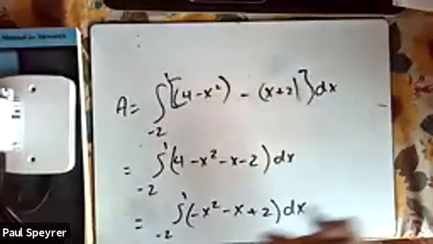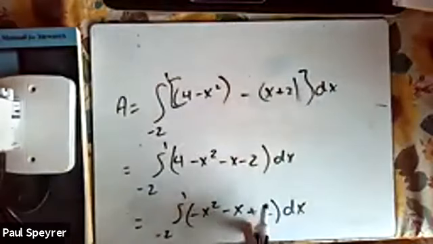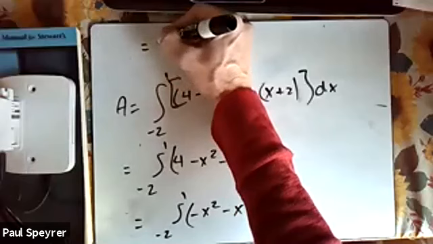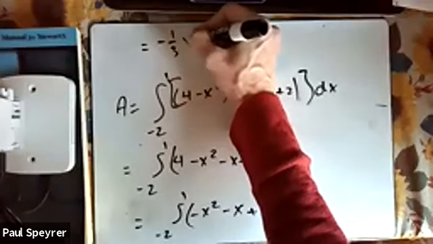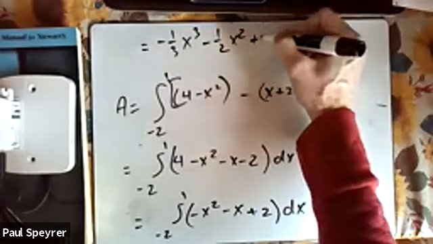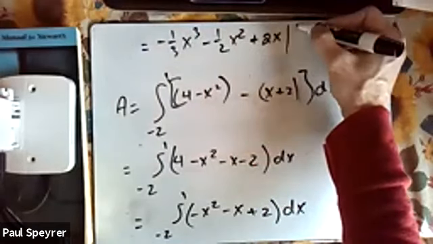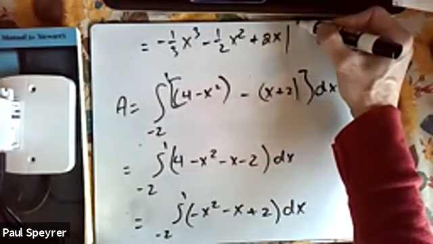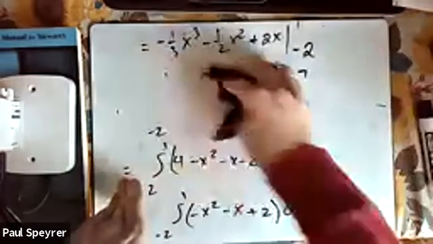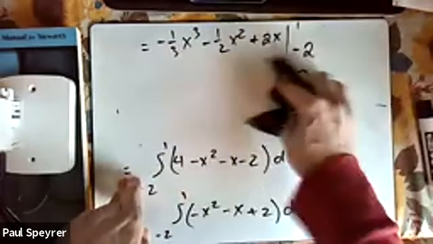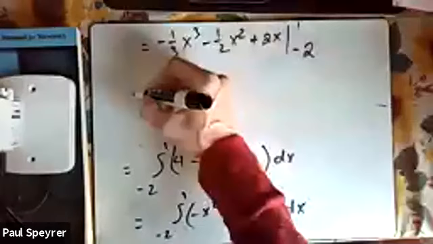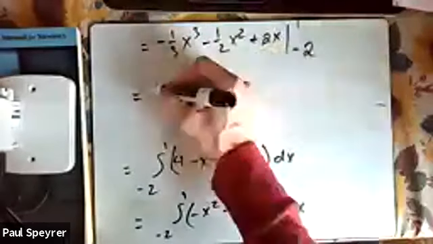So now that we have this, we can take the antiderivative. This is negative 1/3 x cubed minus 1/2 x squared plus 2x. You're evaluating it from -2 to 1. So watch the signs again, right? Also, we don't have a 0 that we're plugging in for one of these limits.